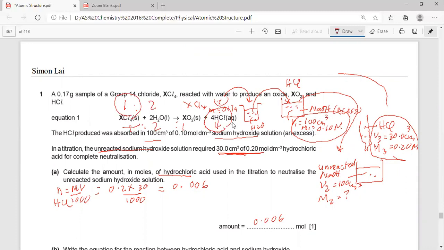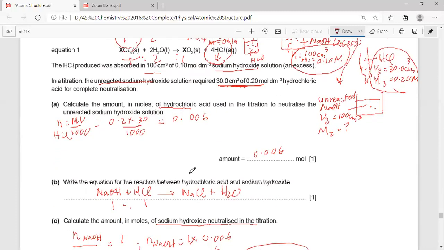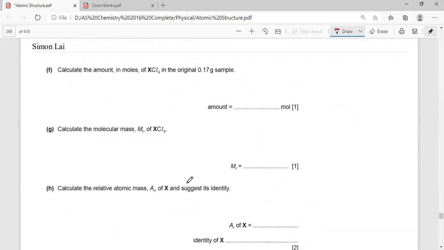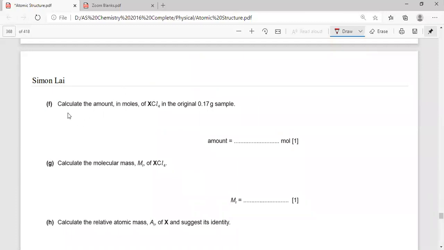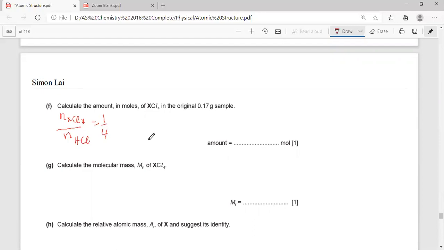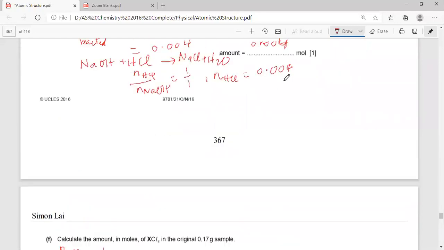So this is the mole ratio, 1 is to 4. So the ratio of moles of XCl4 to HCl equals 1/4. How many moles of HCl was produced? This one, 0.004.